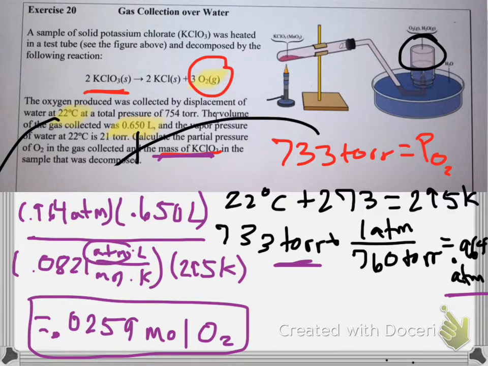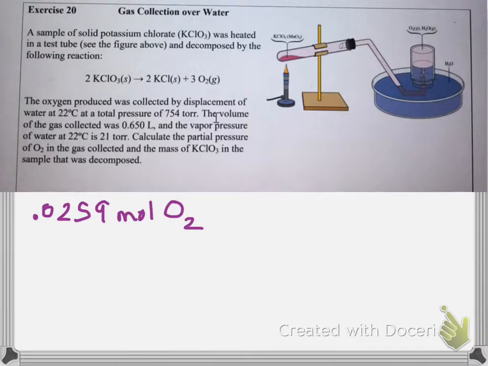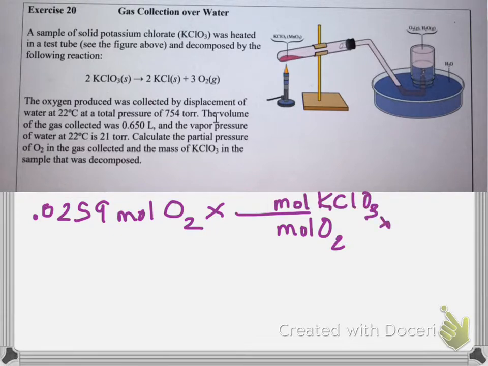So take a minute and try to convert from moles of oxygen into mass of potassium chlorate. We go from moles of oxygen on the bottom, moles of potassium chlorate on top. And then we are going to convert from moles of potassium chlorate to grams of potassium chlorate.